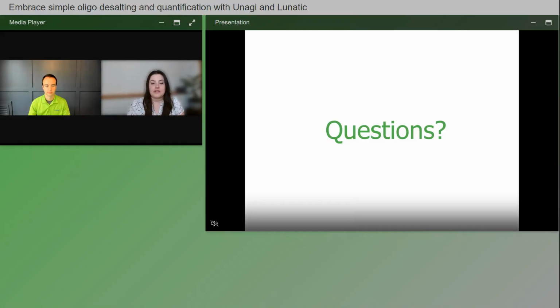Our next question here: what is Lunatic's dynamic range, and can it get down into the single nanogram per microliter? So Lunatic's dynamic range in OD, which is usually the language of instruments, is between 0.03 and 275 OD, an equivalent 1 centimeter cuvette. So what does that really mean?